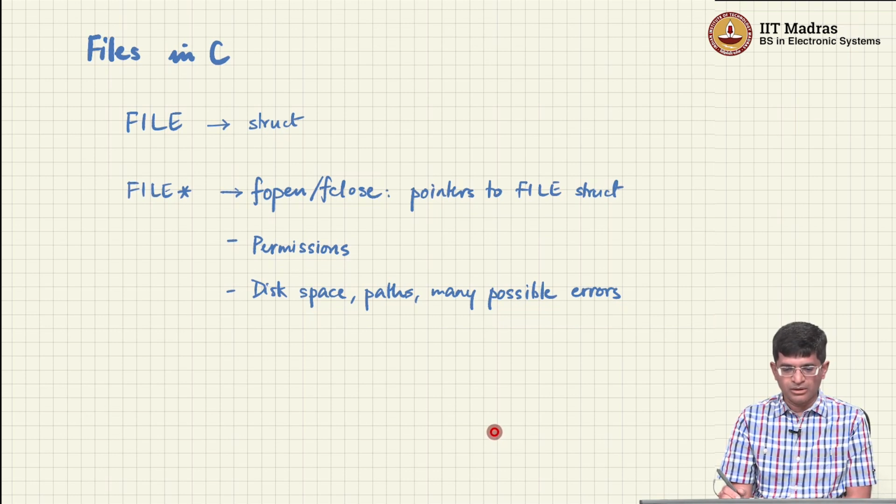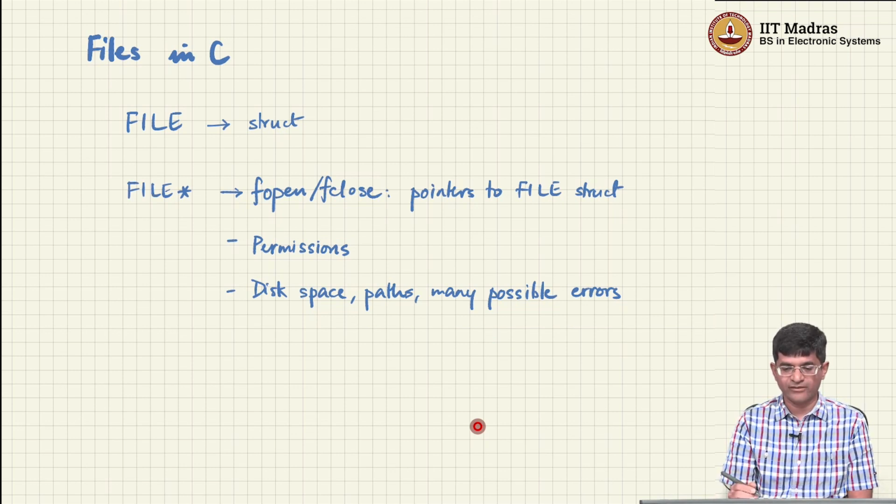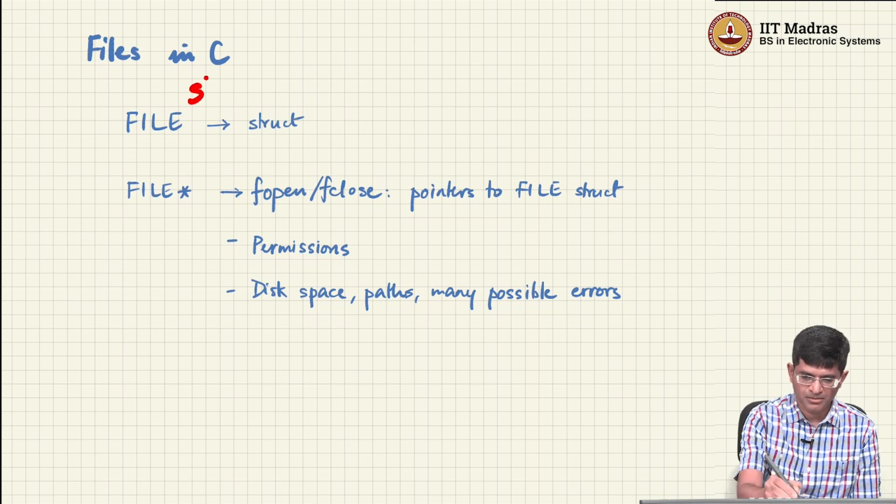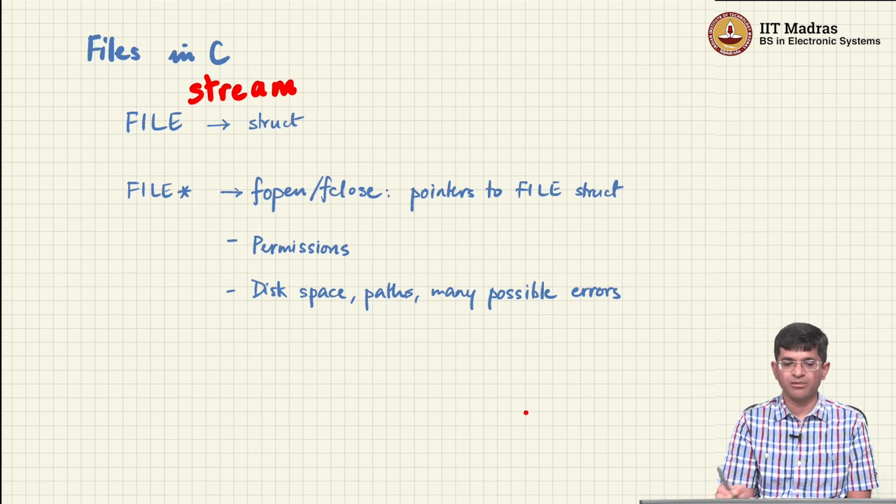And one other term that you might come across in the context of accessing files is the word stream. The word stream is often used in connection with files as well. In many contexts you might come across something saying that you are trying to access data from a stream. The idea of a stream is simple.